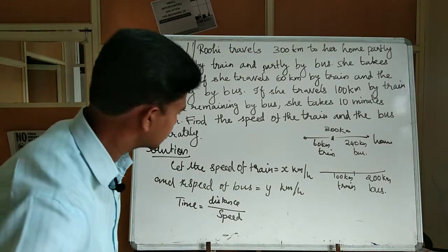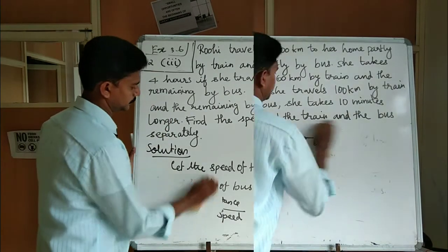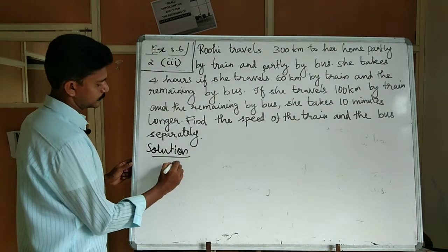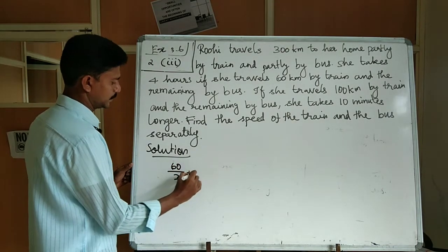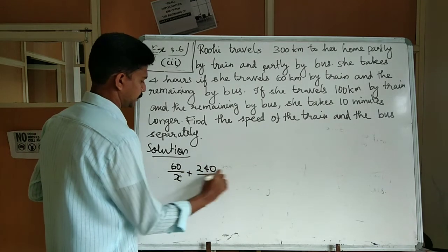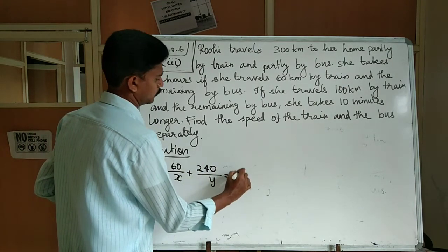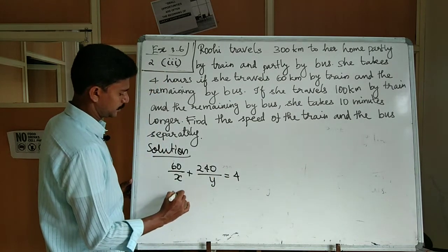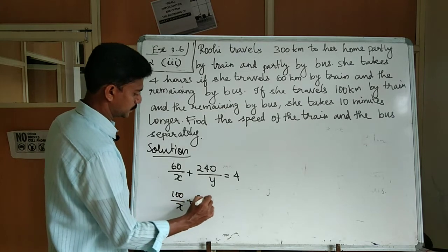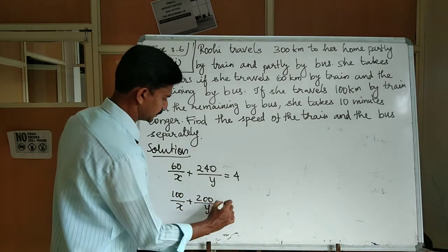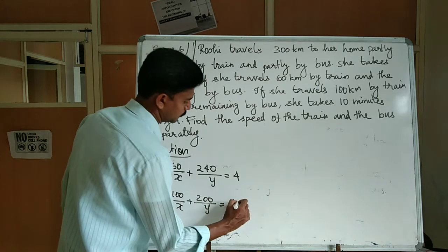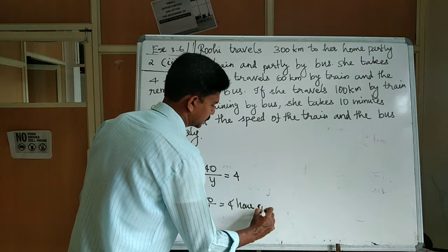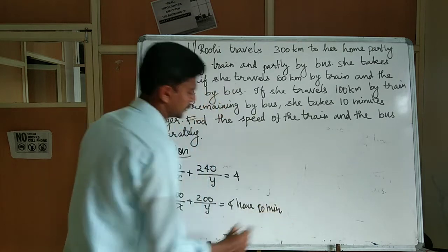Let us write these as equations. 60 by x plus 240 by y is equal to 4 hours. The second one, 100 by x plus 200 by y is equal to 4 hours and 10 minutes.